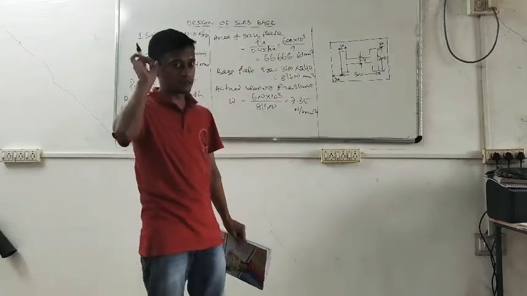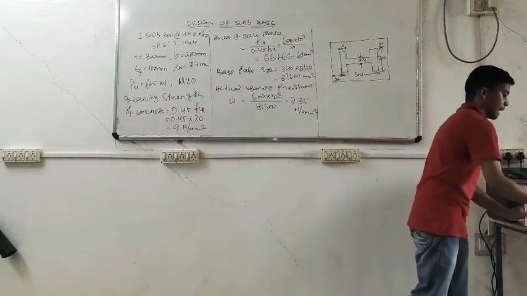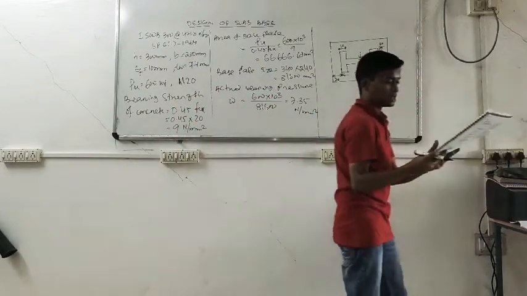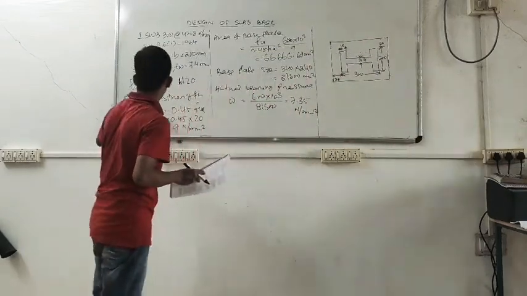Okay, so for the thickness of the base plate you have to follow the code IS 800 page 47. It is given what will be the thickness of the base plate.